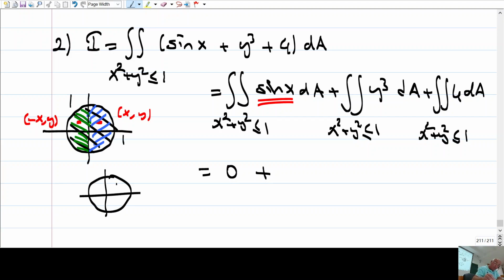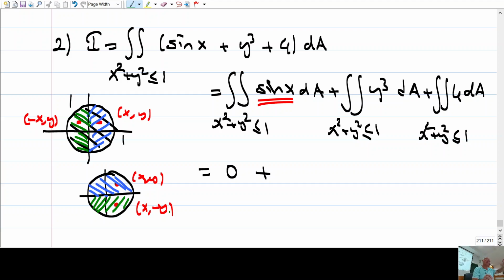Whenever you have a point x comma y here, you have x comma minus y, because again the circle is symmetric with respect to the x-axis, and the function has the same value in size but opposite sign. On the upper disk, this function will take positive values, and on the lower disk, it will have negative values, but the values are the same in size.